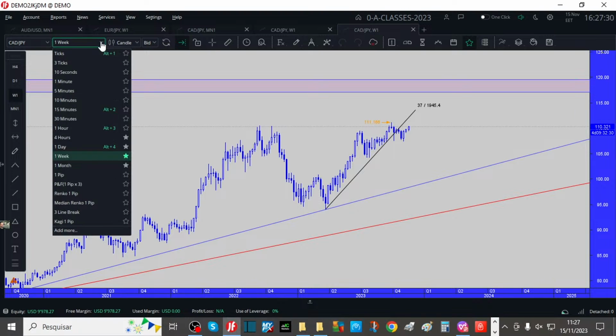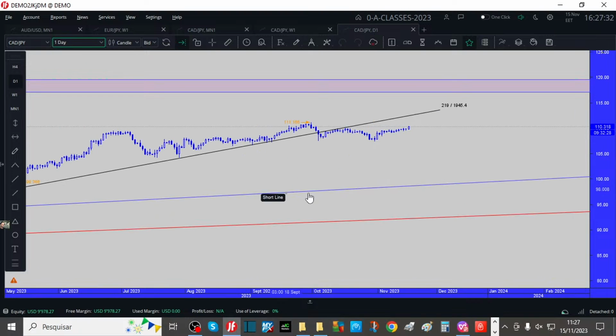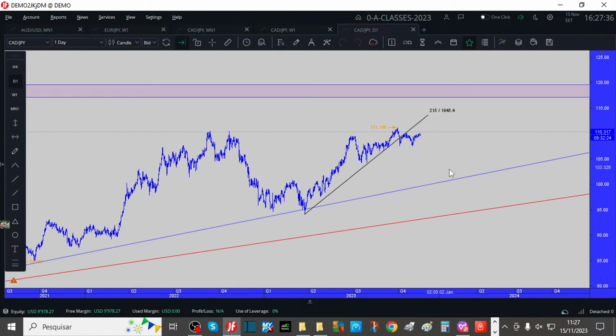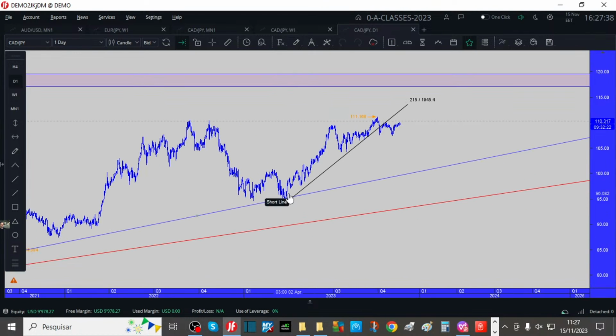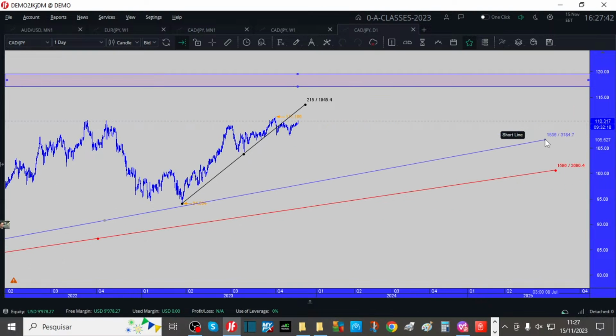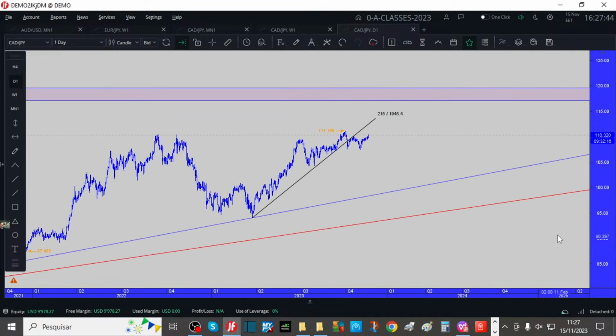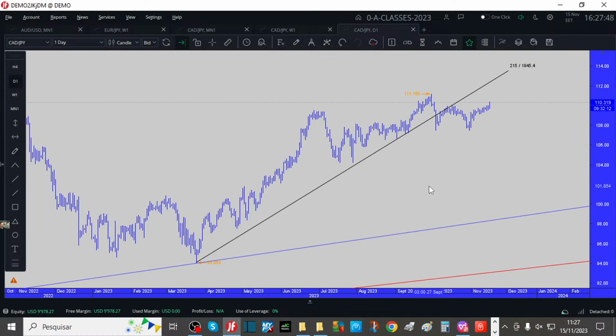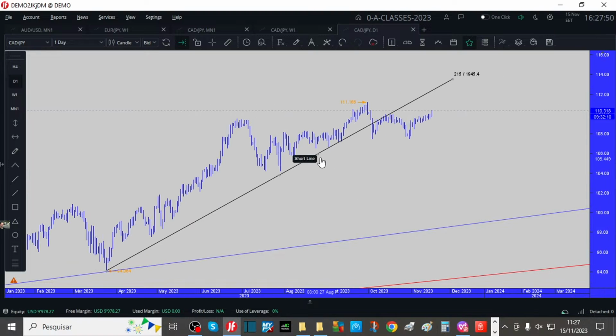This is the weekly. We go now on the daily, and everything stays the same. Maybe we can rearrange this one from the weekly, right? The smaller the time frame, the more precise we must be. So the black uptrend line, this is until where the market was making higher highs, higher lows.